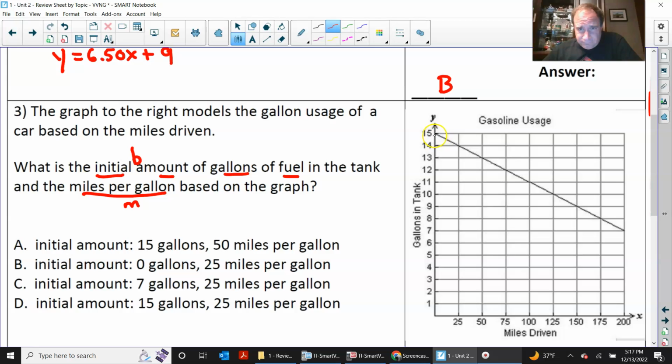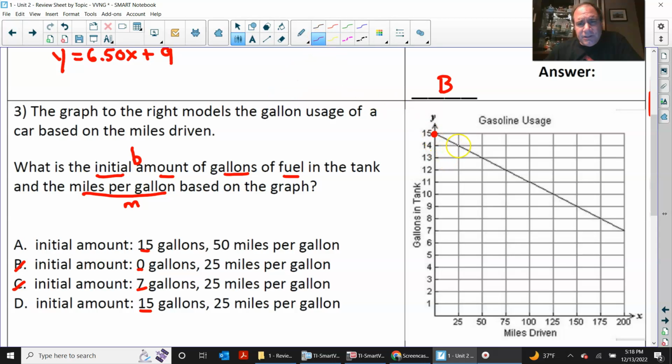Right now, I'm going to go right here and say that there are 15 gallons in the tank to start. So the initial amount is 15. That's good. Initial amount 0? No. Initial amount 7? No. Initial amount 15. So it's between A and D.